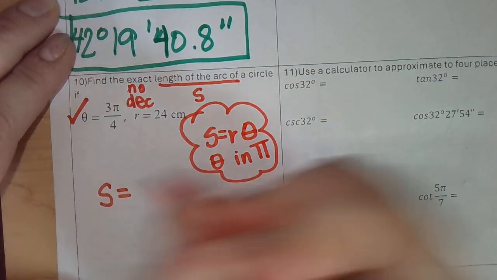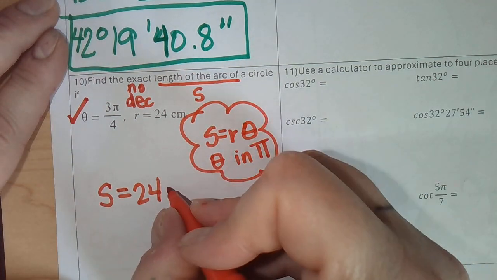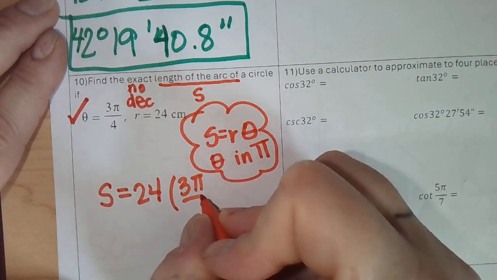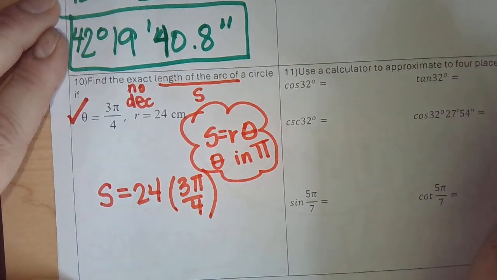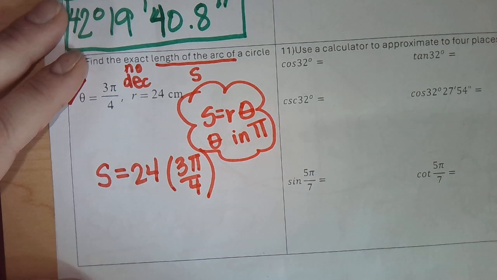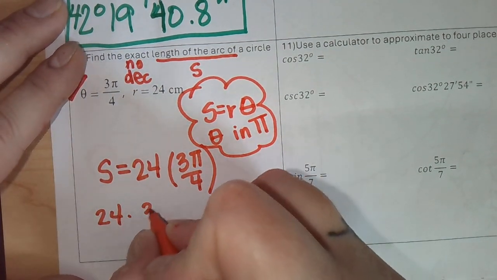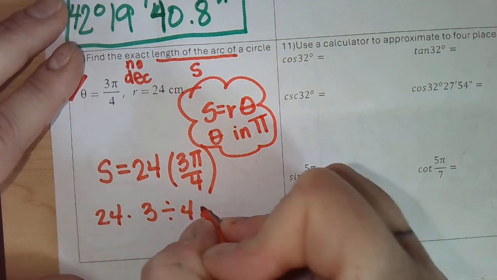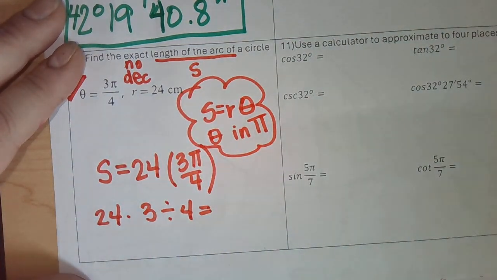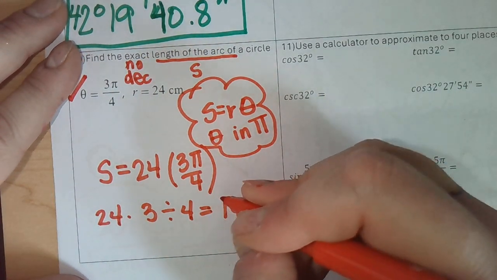So we're going to have S equals R, 24, theta times 3 pi over 4. Okay? And we don't want a decimal. So you can either try and reduce from here, if you remember, or we can say 24 times 3 divided by 4. And that gives me 18, right?